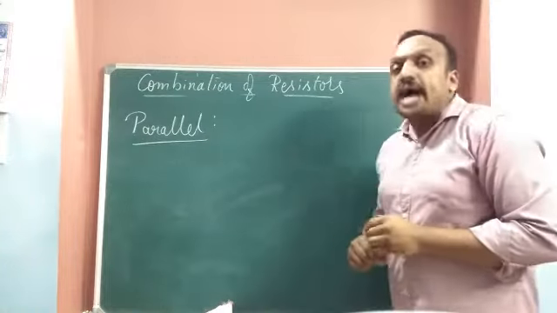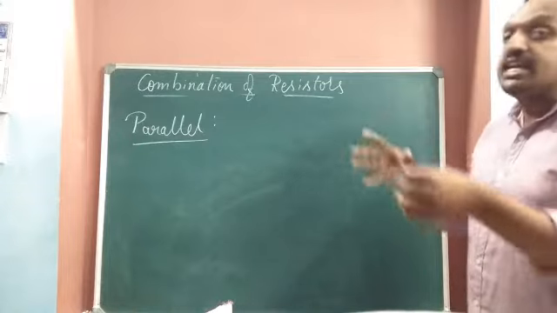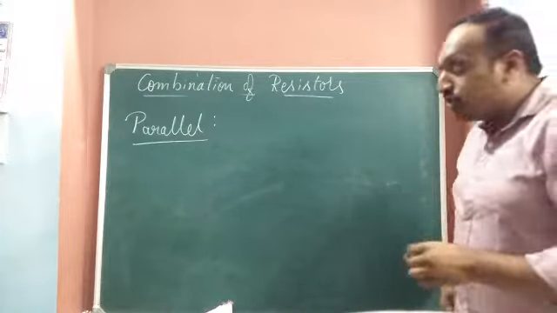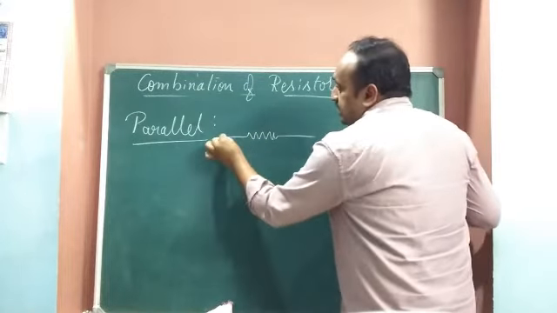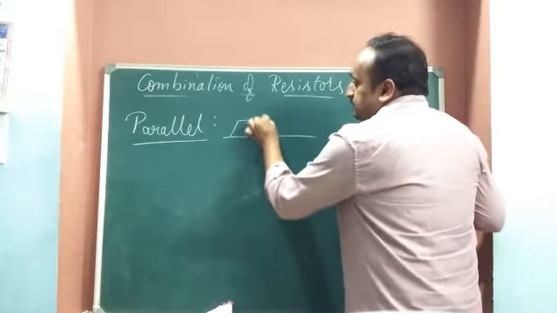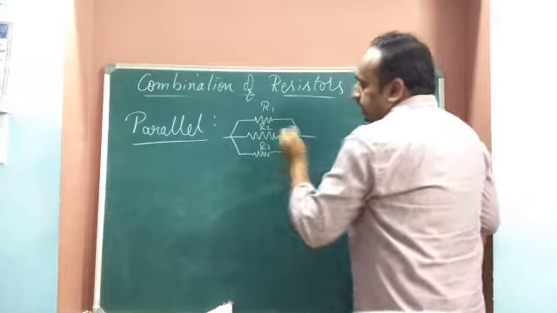Now in parallel, I will show how the total resistance can be found. First let me draw resistances connected in parallel. Yeah, so let me mark R1, R2, R3.